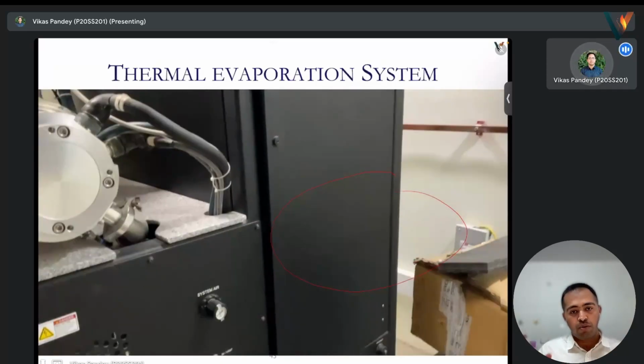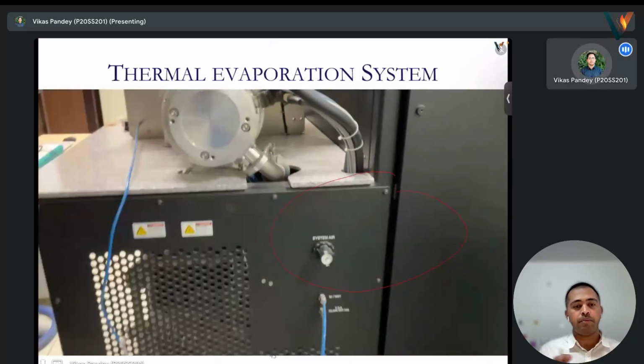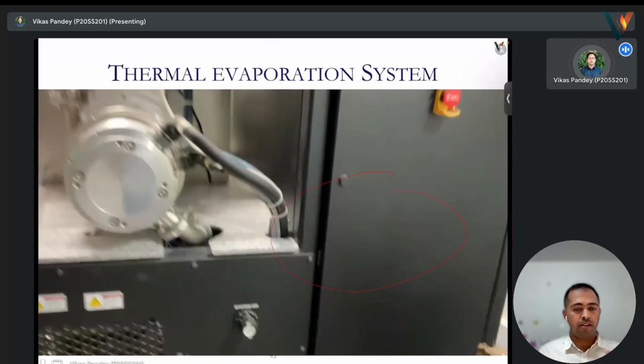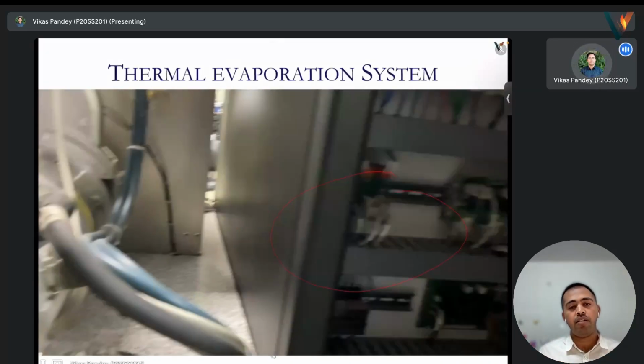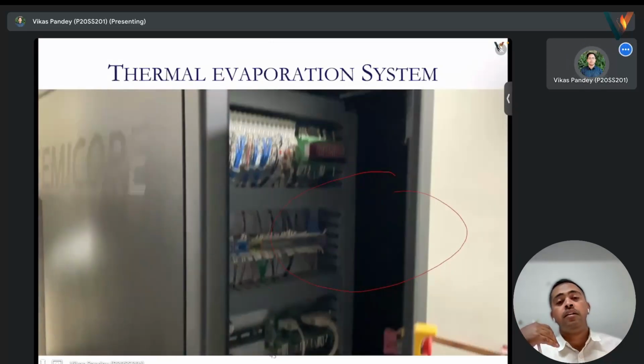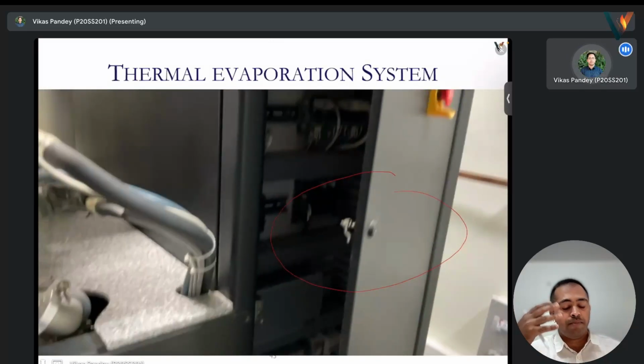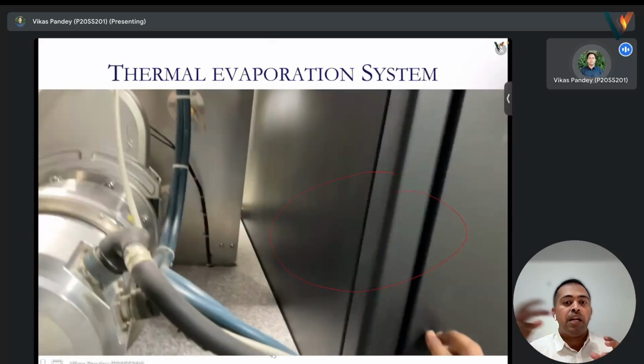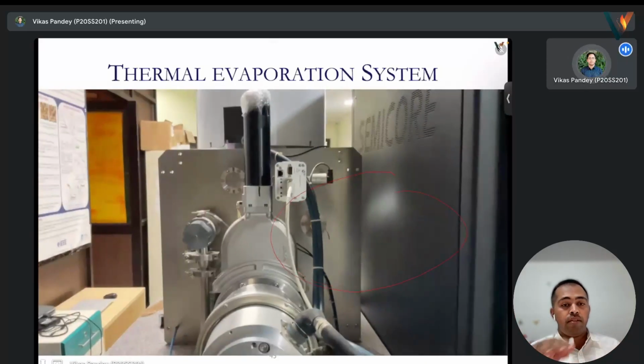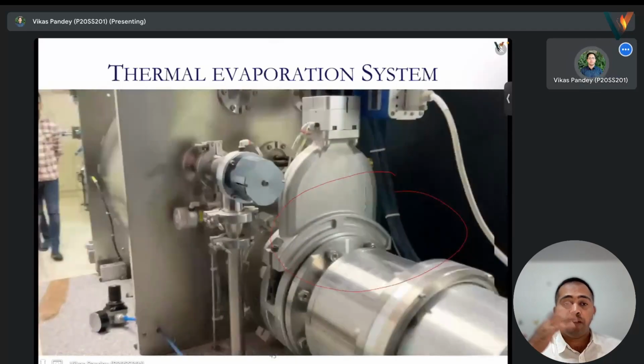Okay, this is the controls unit. It is a bit complex, since we have to go to very high currents to melt these metals, so a transformer is there inside below it.